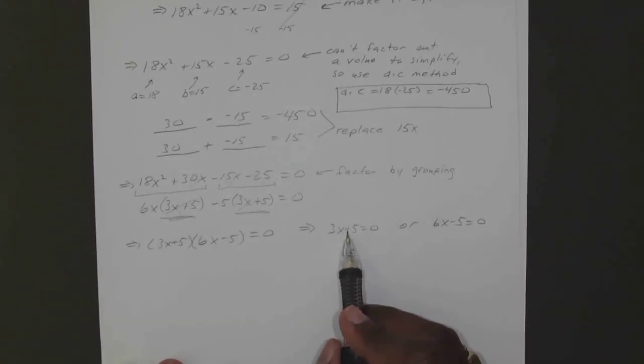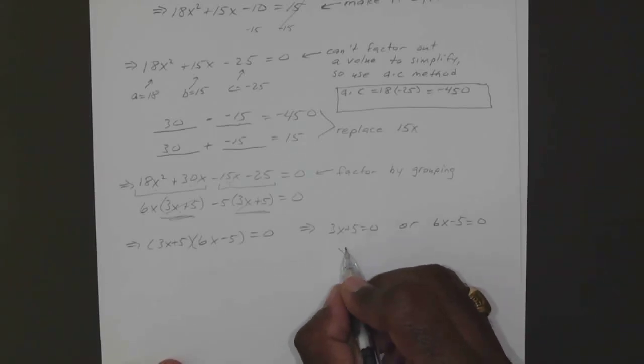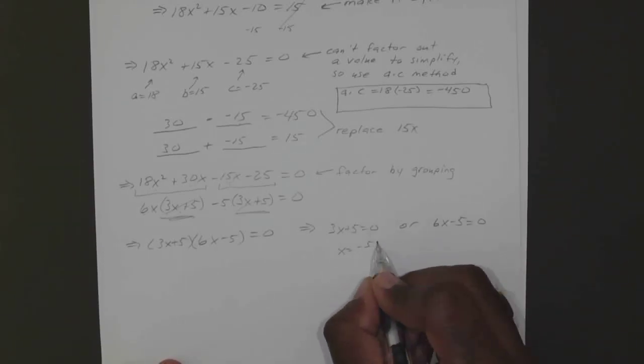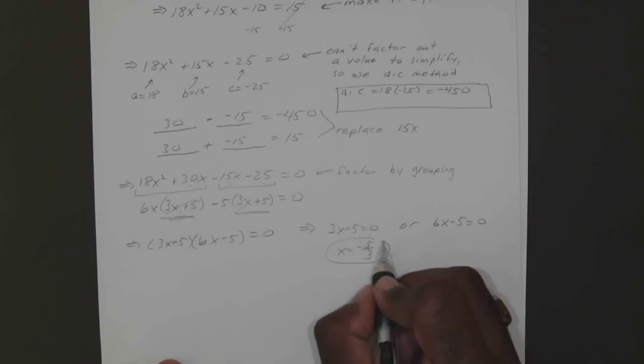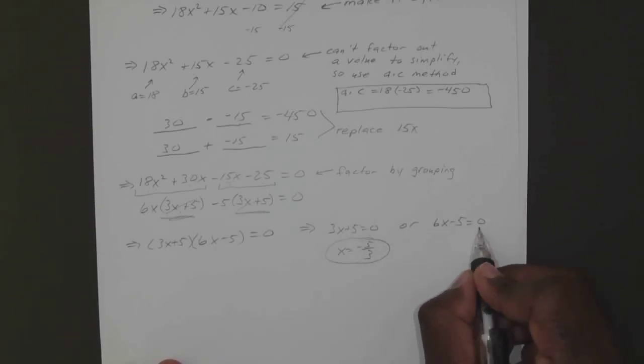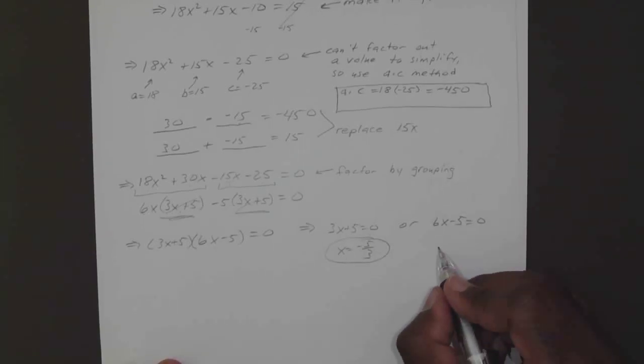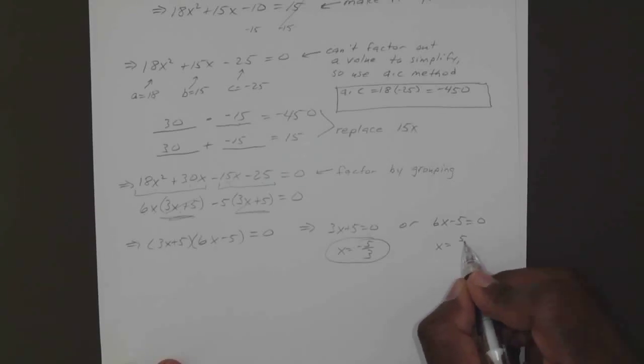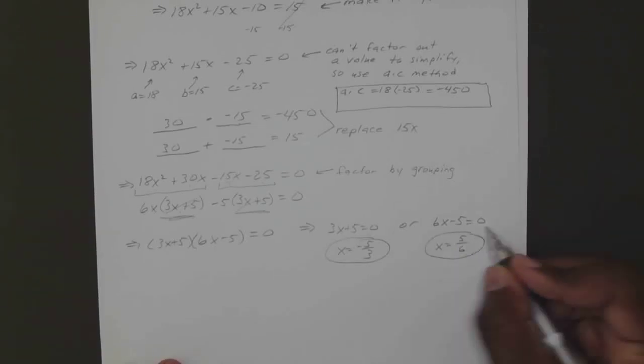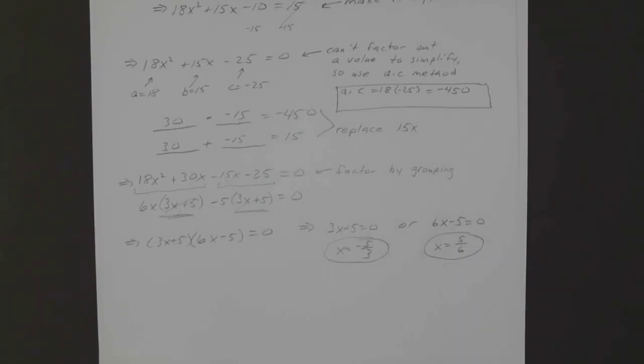If we subtract 5 from both sides and divide by 3, we have x equal negative 5 over 3. If we add 5 to both sides and divide by 6, we have x equals 5 over 6, which is about 75% of our complete answer.